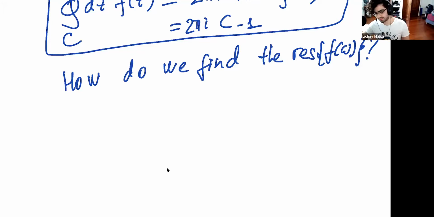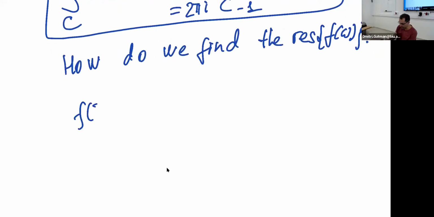How do we find the c's, the c_n's? Well, in principle, yes, but I think there is a simpler way. How do we find specifically c minus 1? We take the limit as z approaches w of f of z times z minus w. So if we have f of z times z minus w, let's see what happens.